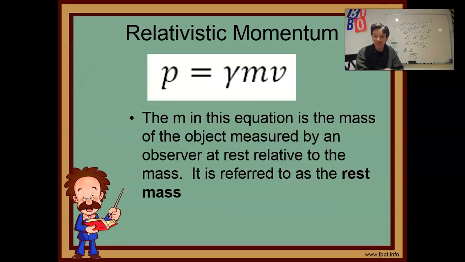But something else happens. Your momentum changes. We've looked at this equation, P equals mv. But let's say you're trying to add energy to an object, and you're doing work on this object, and therefore adding kinetic energy.